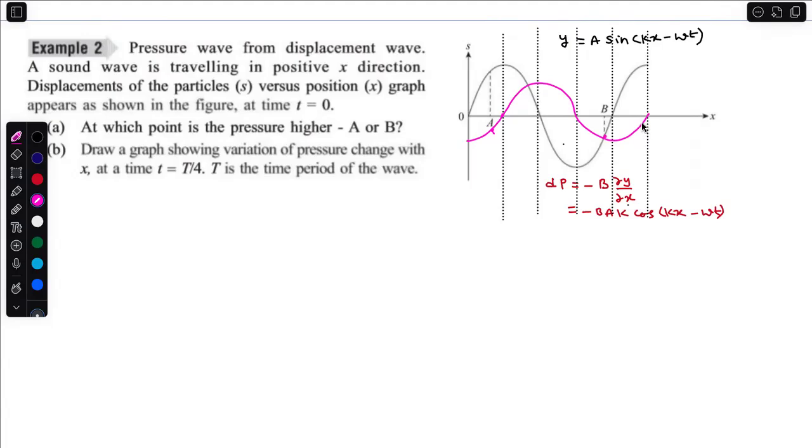Now tell me please, where is the pressure high? Is the pressure at A high or the pressure at B high? That's the question.